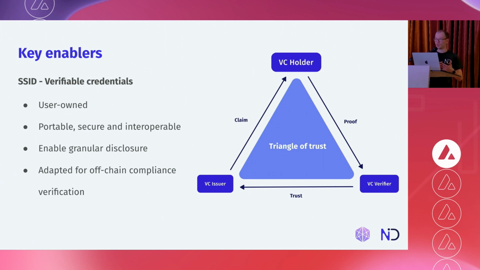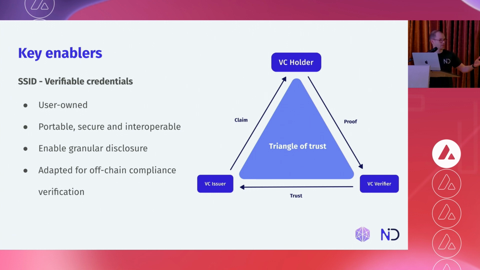You would have issuers that can issue verifiable credentials that are then transferred to a holder who will be able to reuse these verifiable credentials against multiple applications, which will verify that those verifiable credentials are issued by the trusted issuer.